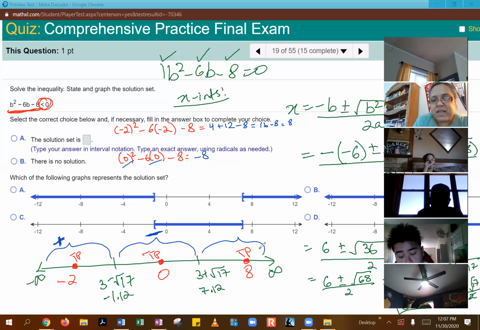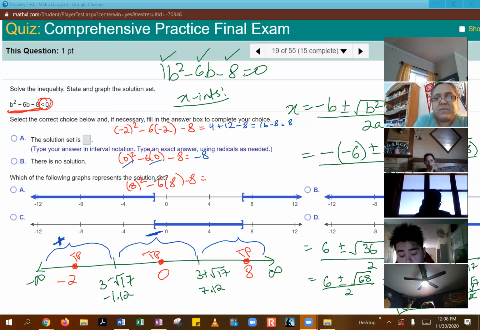And so that means we just have to check the last interval over here with positive 8. So that would be 8 squared minus 6 times 8 minus 8. What will this give us? Katie, 8, okay.